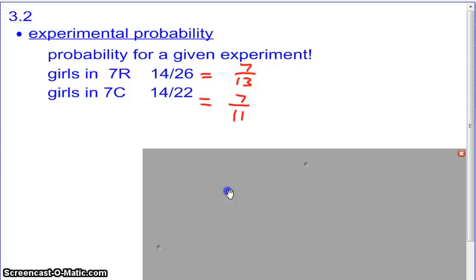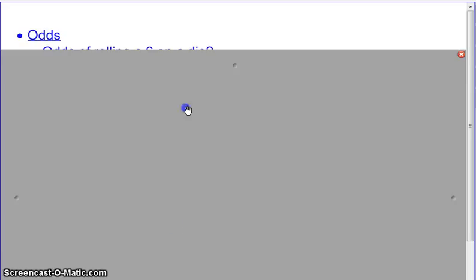So actually, this is a greater probability. 7/11 is greater than 7/13. 7/13 is getting close to being a half of the class. 7/11 is greater. If we change that to a decimal, we would find that. All right? So that's experimental probability, performing an experiment and getting results, which we love to do.